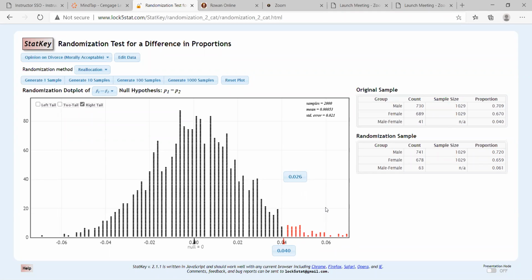My question to you is, what is your decision? Do you reject or do not reject the null hypothesis? Once again, the alpha, the level of significance, is 1%. You reject it, right? Okay, and tell me why.